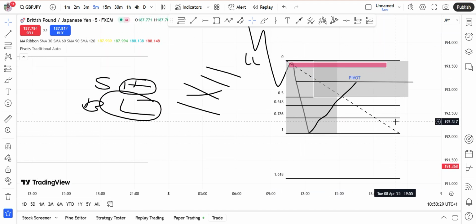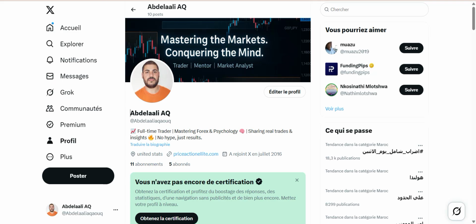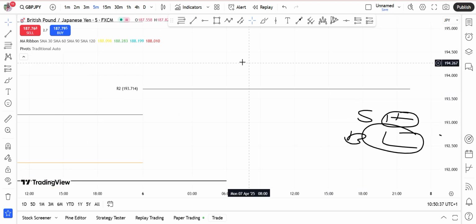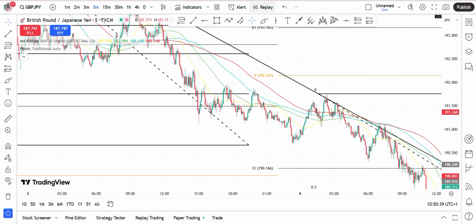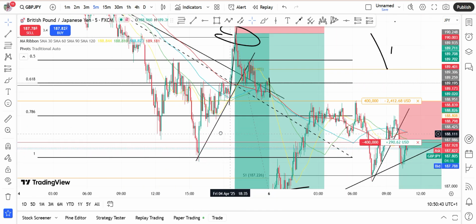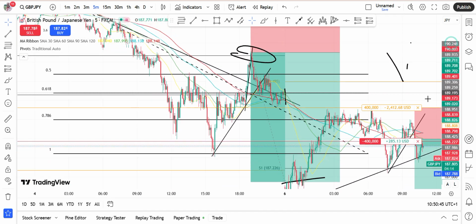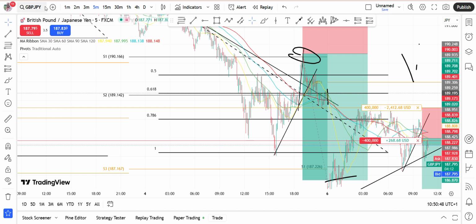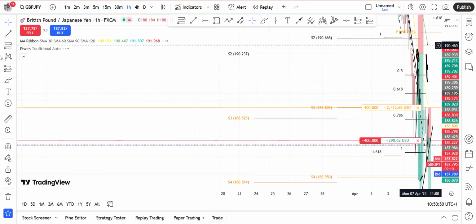Basically, it's easy to spot on the market. Here, as I told you, when I called for the sell on Friday, it was the same thing, guys. The same thing, from the 1 hour.